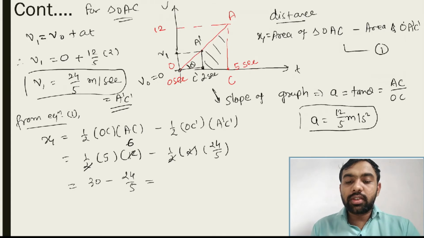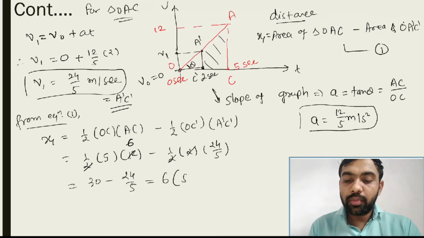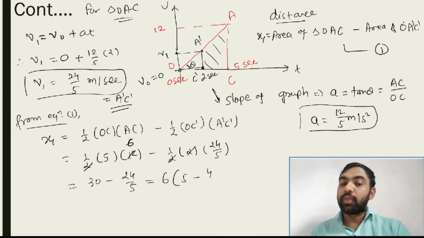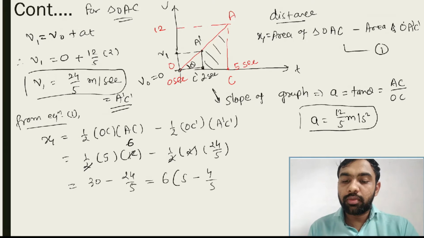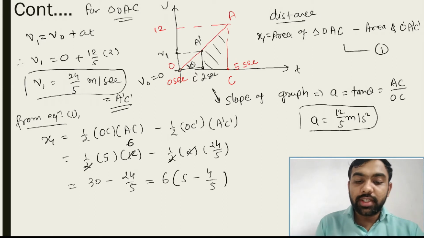So here 6 is common. So 5 minus 4 upon 5, since 6 4s are 24. So 5 into 5 is 25, and 25 minus 4 is 21. So 21 upon 5. So what is x1? So x1 is 6 into 21 upon 5 meter.